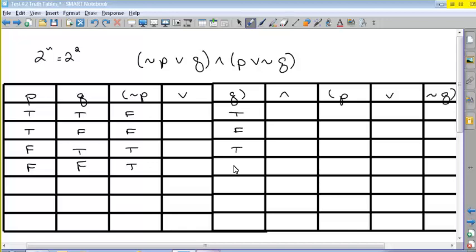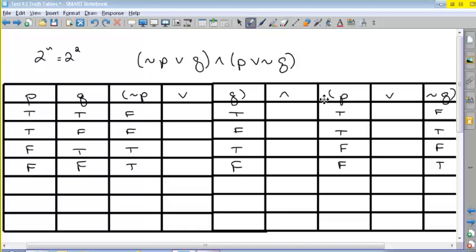I copy the truth values that are there. Here I have P, not the negation of P, so I do exactly what's in the P column. It's to the left. True, true, false, false. And then finally I have the negation of Q, so I go to the Q column. That's true, false, true, false. So the negation would be false, true, false, true. Okay.